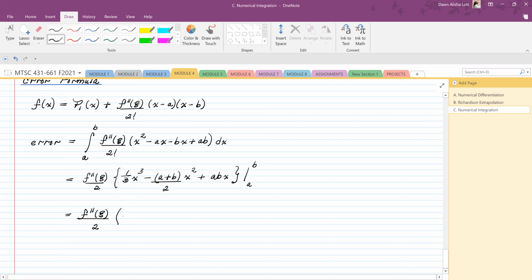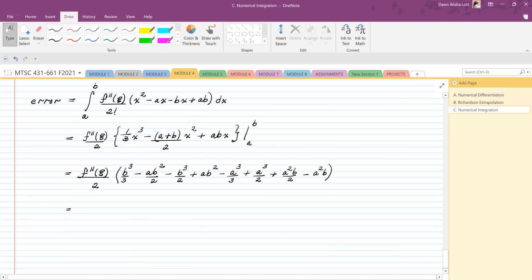Okay, b cubed over 3 minus ab squared over 2 minus b cubed over 2 plus ab squared minus a cubed over 3 plus a cubed over 2 plus a squared b over 2 minus a squared b. Okay.